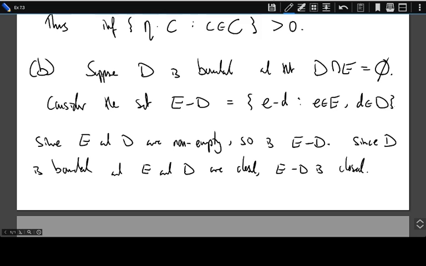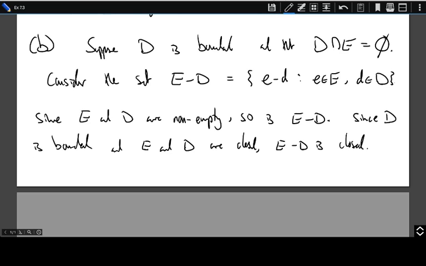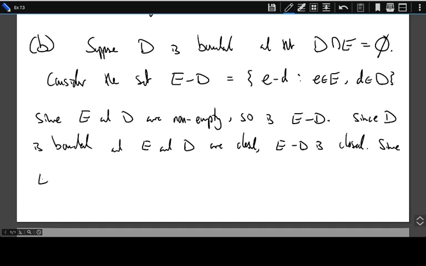This here is the only place in which we need the assumption that D is bounded, but it is necessary for this assumption, otherwise E minus D may not be closed. Since E intersect D is empty, 0 is not an element of E minus D. That one's straight from the definition.